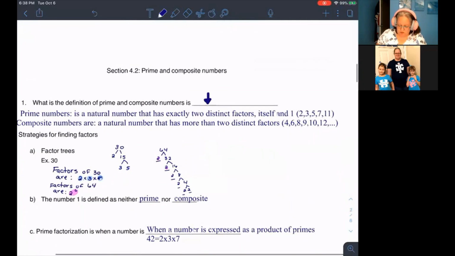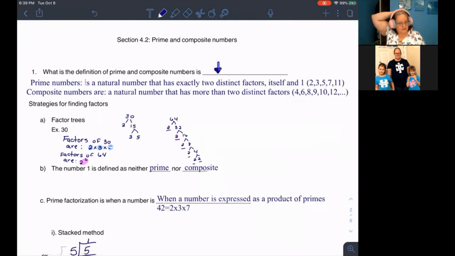So section 4.2, prime and composite numbers. So what is the definition of prime and composite numbers? A prime number is a natural number, which is a counting number, like 0, 1, 2, 3, 4, 5, 6, but no decimals or fractions.